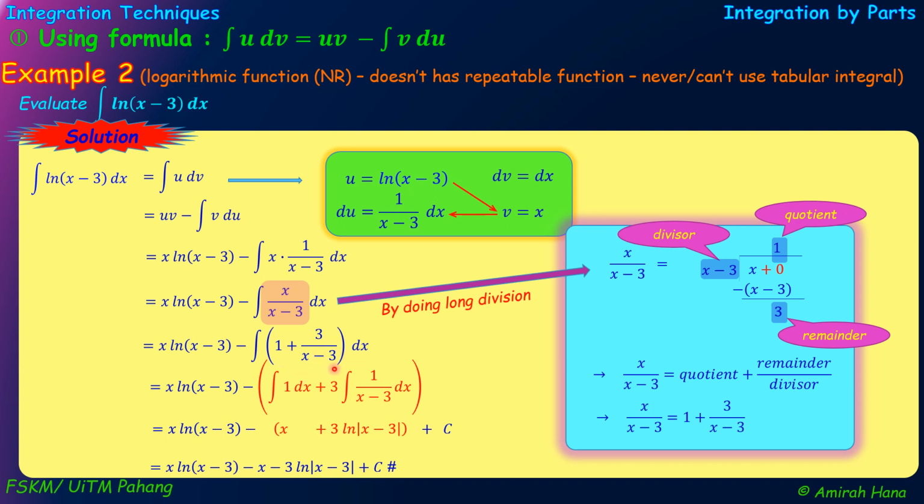So we cannot split into a sum of partial fractions. So we just use long division only inside the sub integration here. Integration by parts means that in the integration we still have an integration symbol. Okay, got it?